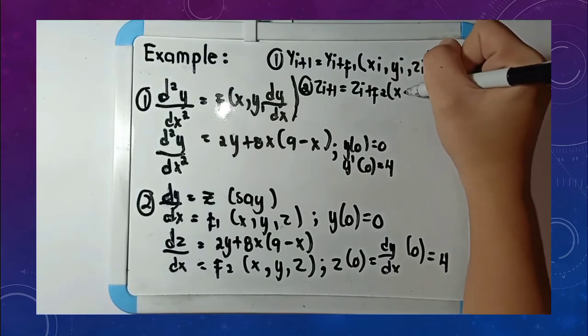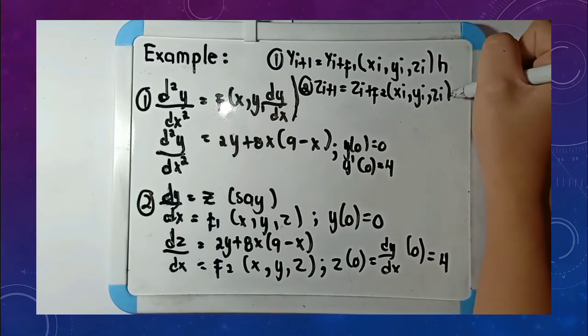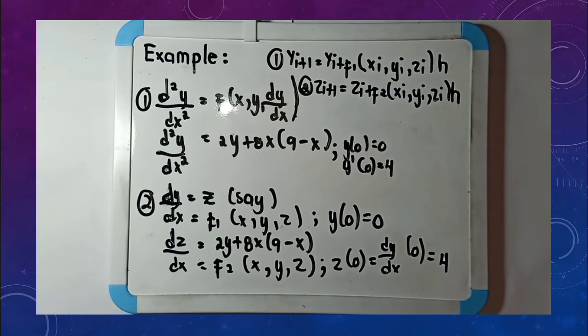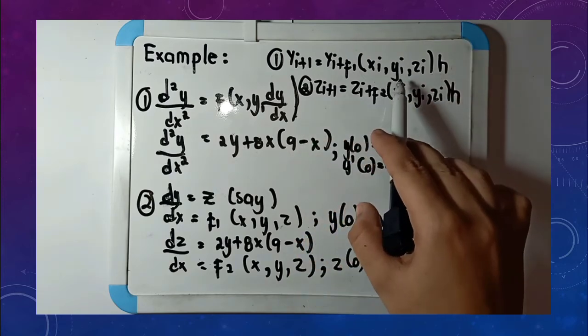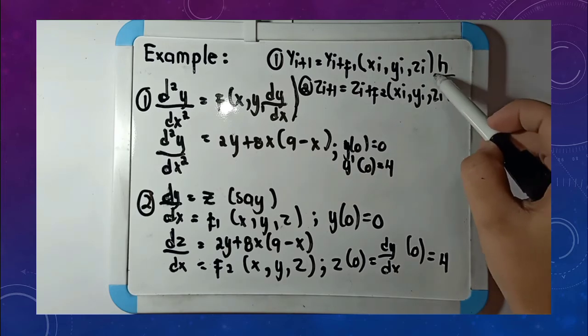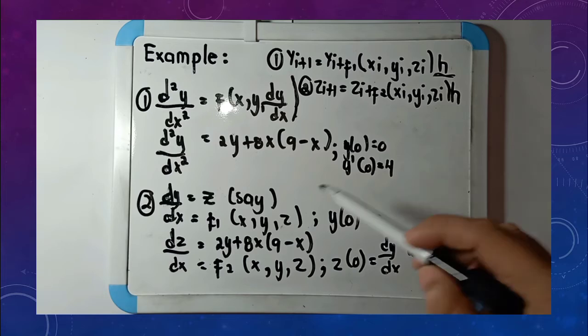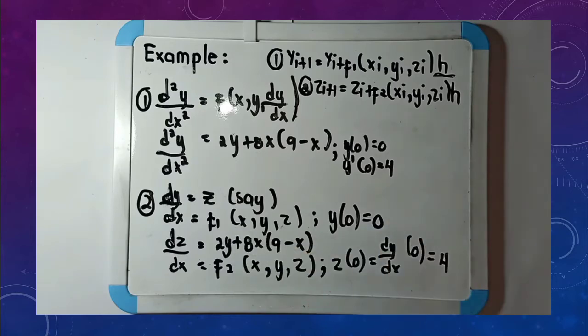We use this step-by-step process because we know the initial values of x, y, and z, we know the step size, and we know the individual functions f sub 1 and f sub 2. From this, we can calculate the values of y and z a step ahead, and we continue until we reach x equal to 9.